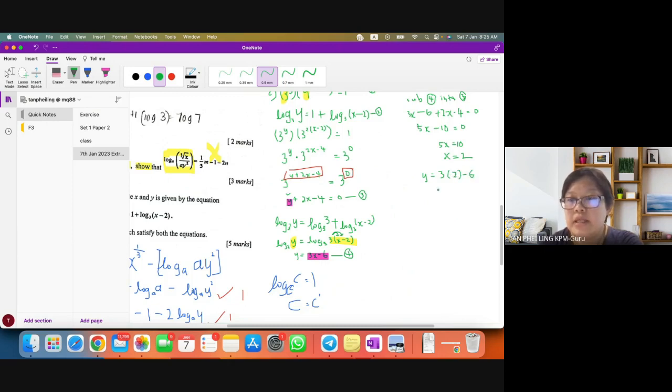So we are getting there. y equals 0. That's it. So we are done. Is it fun? Answer the question. Hence x equals 2, y equals 0.